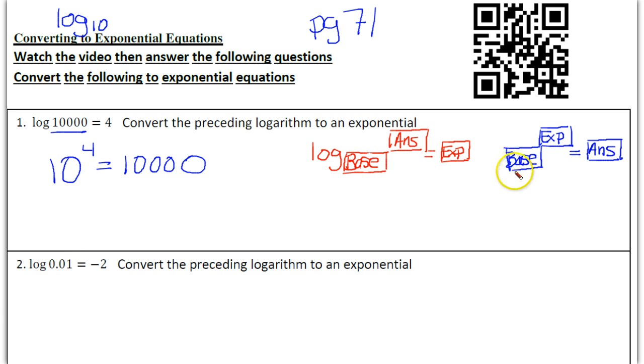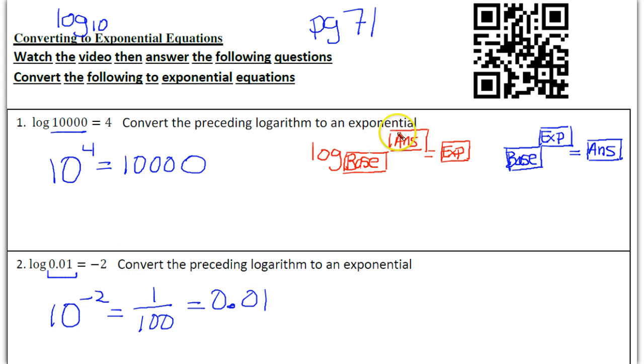So, keeping this in mind, because we'll be erasing it as we go, what is our base here? Well, our base is 10. What is our exponent? Well, our exponent is here, so that's going to be a -2. And that's going to equal the answer, which is, another way to write this is 1/100. But you could write it in its decimal form also.